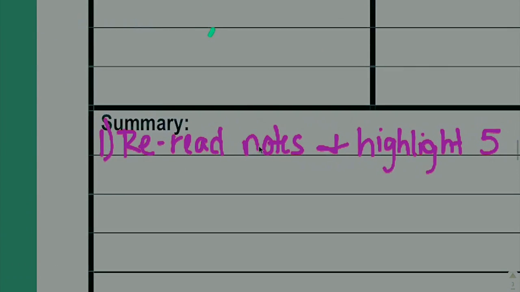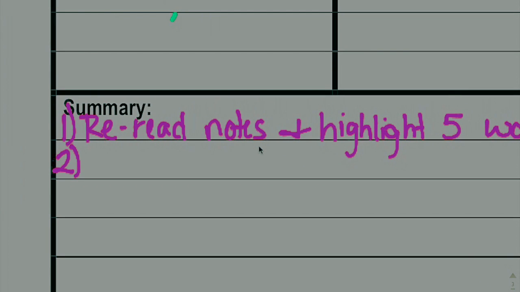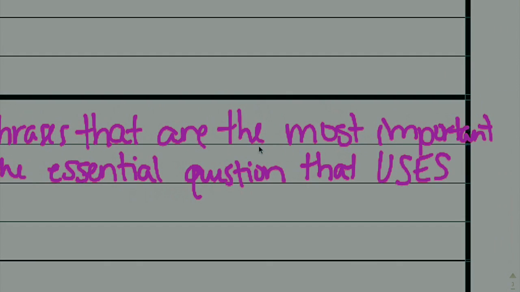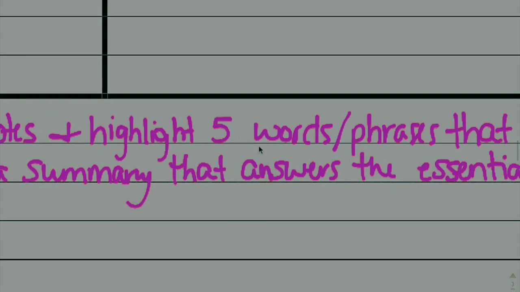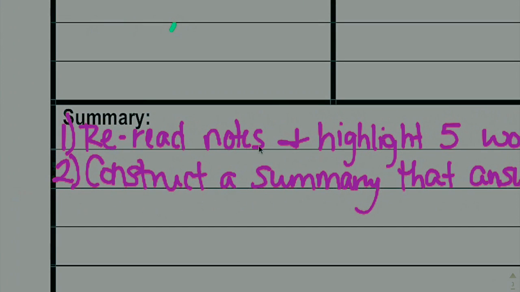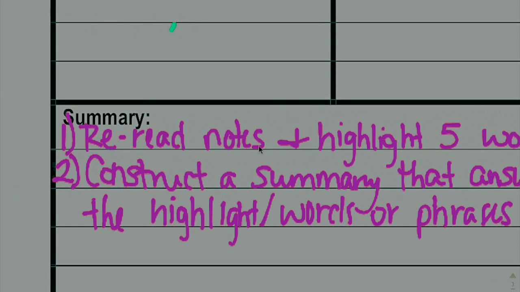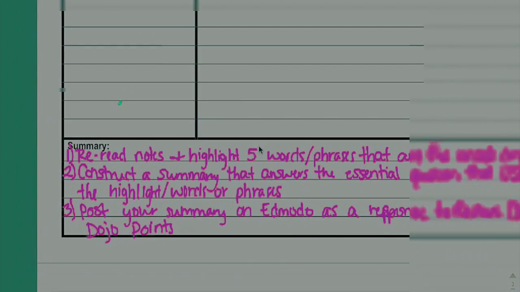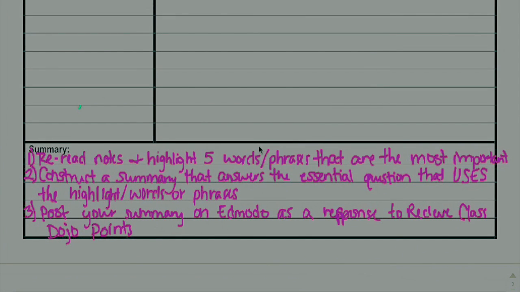The second thing you guys need to remember when writing a summary is to construct a summary that answers the essential question and uses the highlighted parts, so the highlighted words or phrases. And then the third one is to post your summary on Edmodo. And then if you post it on there, you will receive Class Dojo points.